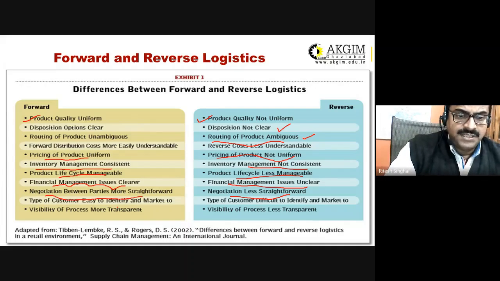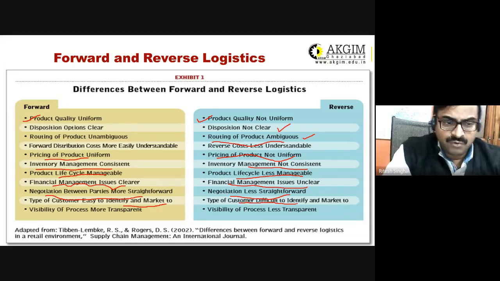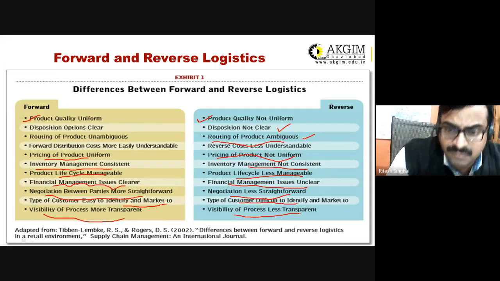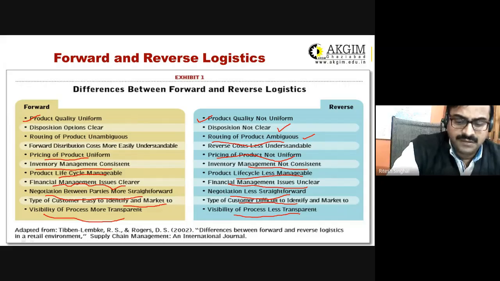Type of customer is easy to define and identify in forward logistics, but difficult in reverse. Who is returning, when, nobody can guess. Visibility of process is more transparent, versus less transparent. So this is the one-to-one difference between forward and reverse logistics.